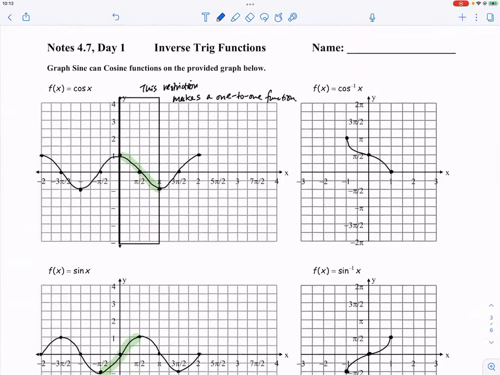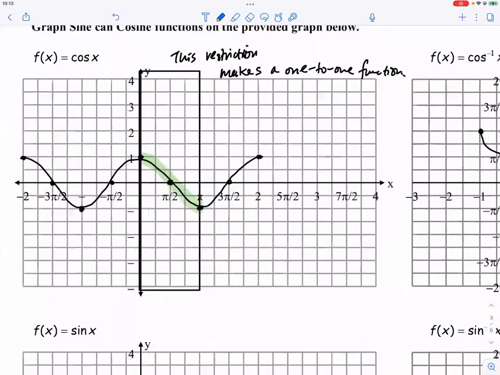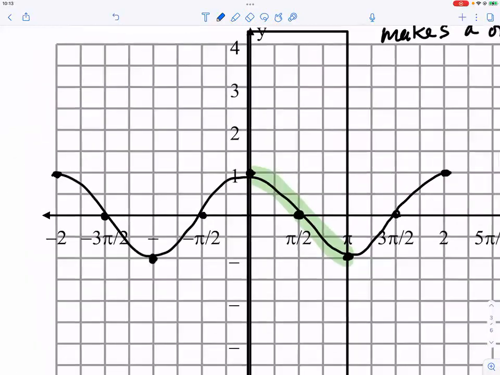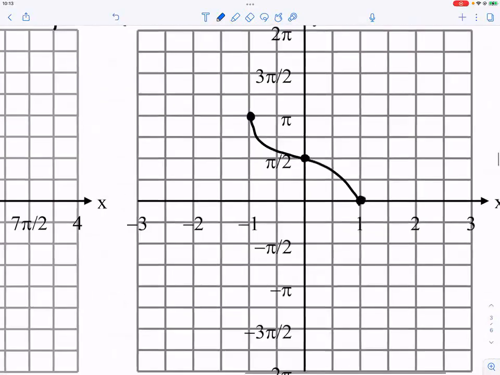If you understand why we have a restricted domain, you are in pretty good shape. We need to restrict our domain because this original trig function is not a one-to-one function. So therefore, the inverse will not be a one-to-one function. So we have to restrict it, and then we have an inverse function.